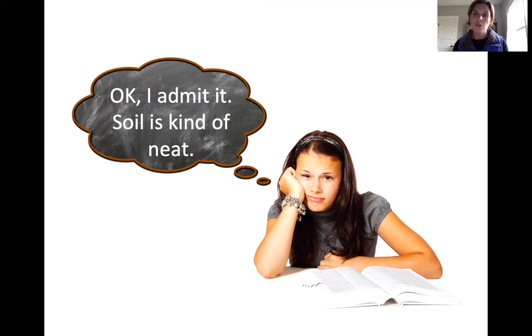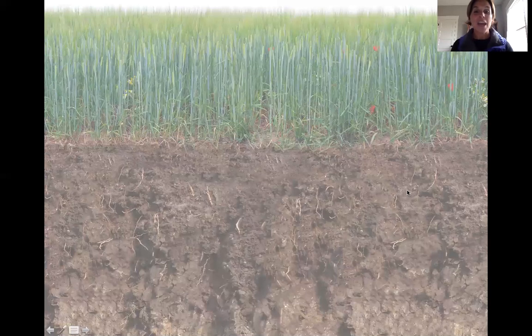You can do that too. You can collect multiple samples of soil and see how they're all different. And then you could start guessing which would be better for gardening or for not. So that's all the kind of cool things you can do when you start to understand soil and soil science.